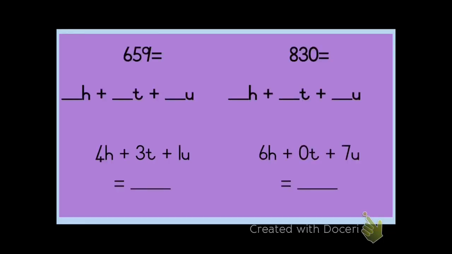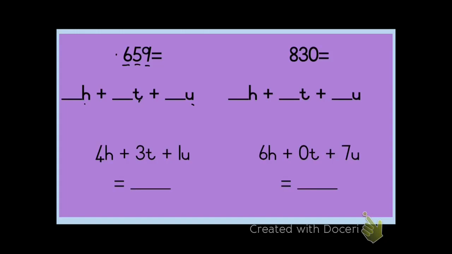Now before we start with the worksheet, let's quickly have a look at these 4 examples. 659. Here we have to put them into their rooms, their hundreds, tens and units. Now remember, only 1 digit per room, per place. How many hundreds and tens and units? Here you can count to 600 in hundreds, in tens till 50, and in ones till 9.